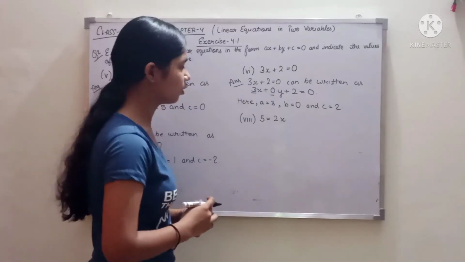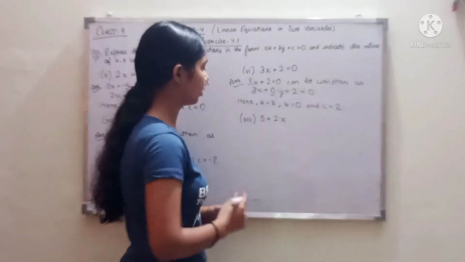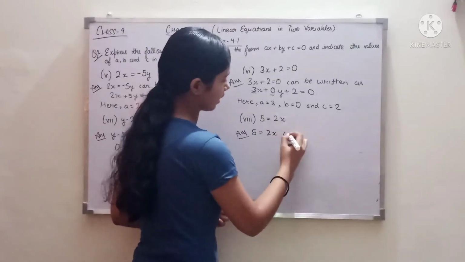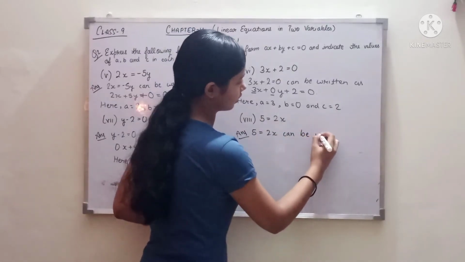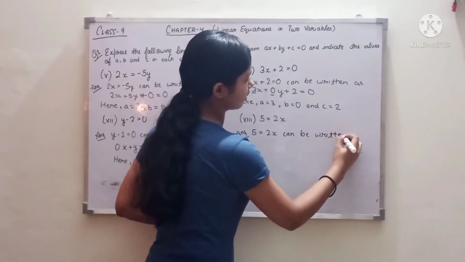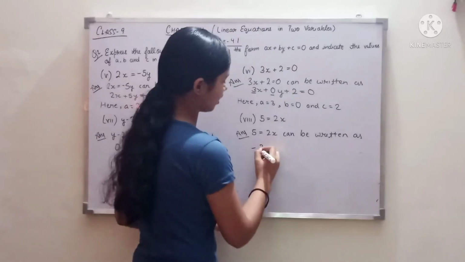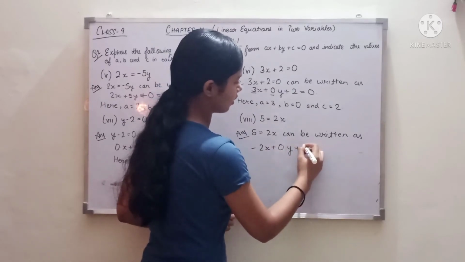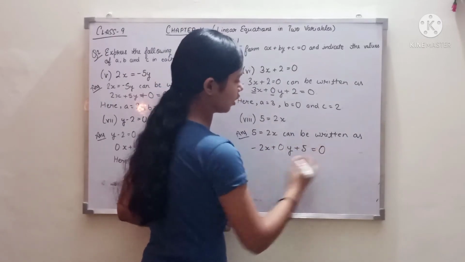Now coming to the eighth part. The eighth part is 5 is equal to 2x. So 5 is equal to 2x can be written as minus 2x plus 0.y plus 5 is equal to 0.